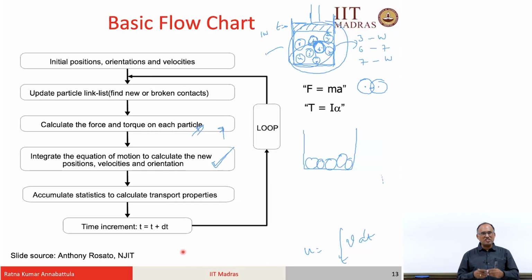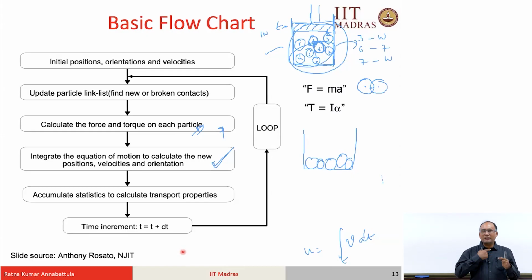In this new configuration, your contact network has completely changed, isn't it? Particles which were earlier not in contact are now coming in contact with each other. So, now you need to re-establish the contact connectivity and calculate based on the interpenetration, because the positions have changed. On this new interpenetration you calculate the new contact force and solve again.